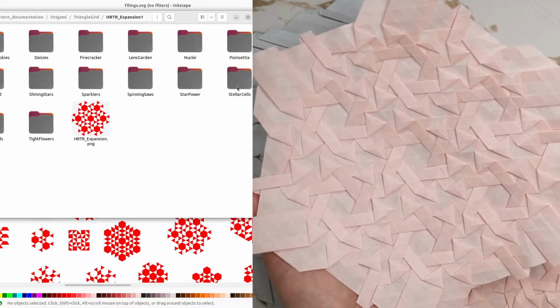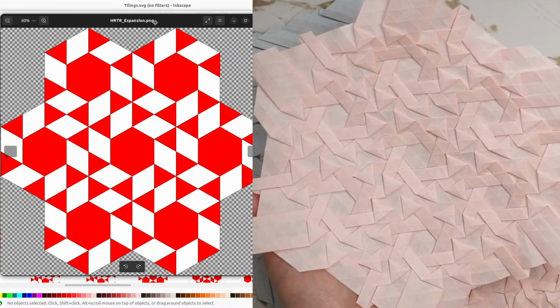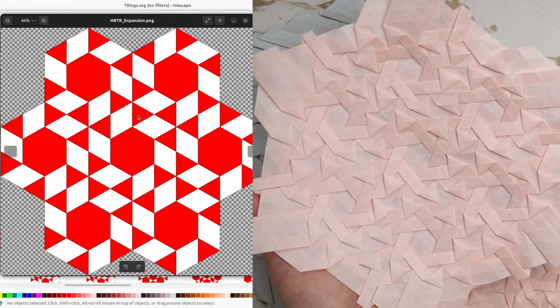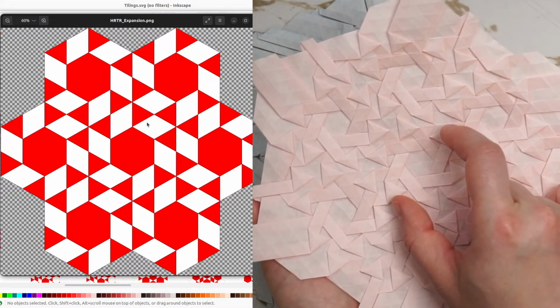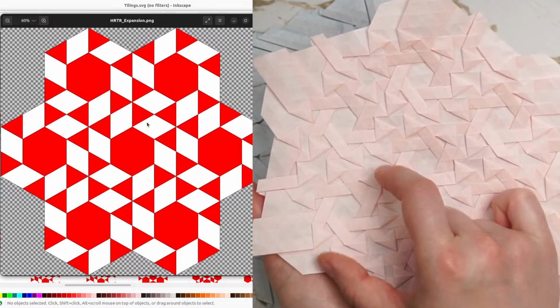Here we go. We take a look at this tiling. We've got that hexagon, rhombus, triangle ring again, but then we have the exact same ring repeated over here and over here and over here.